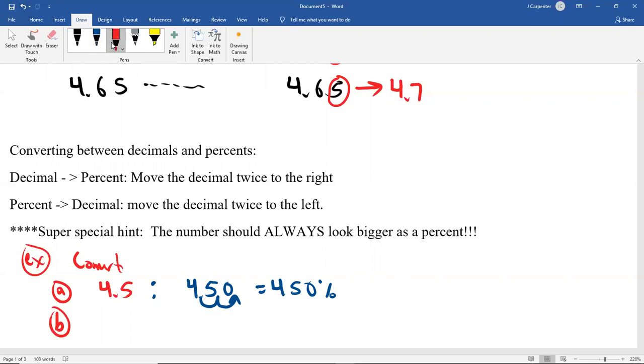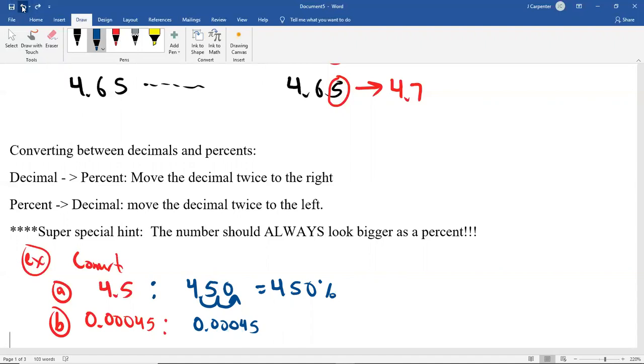What if we had 0.00045? Really small number is a decimal. So we take that number, we move its decimal. Now we're in the habit, so we probably know at this point to do it 3 times to the right, correct? Correct, correct. I know I moved it the correct way, but I moved it 3 times instead of 2.